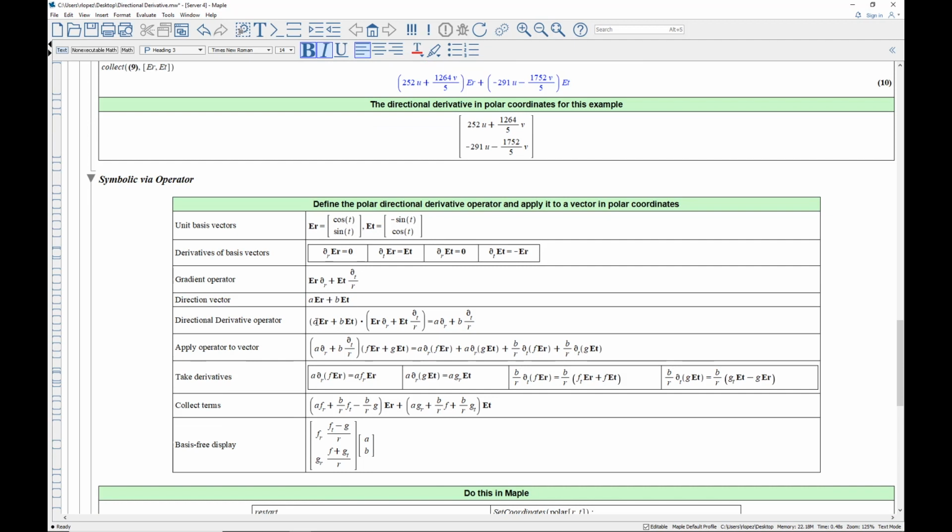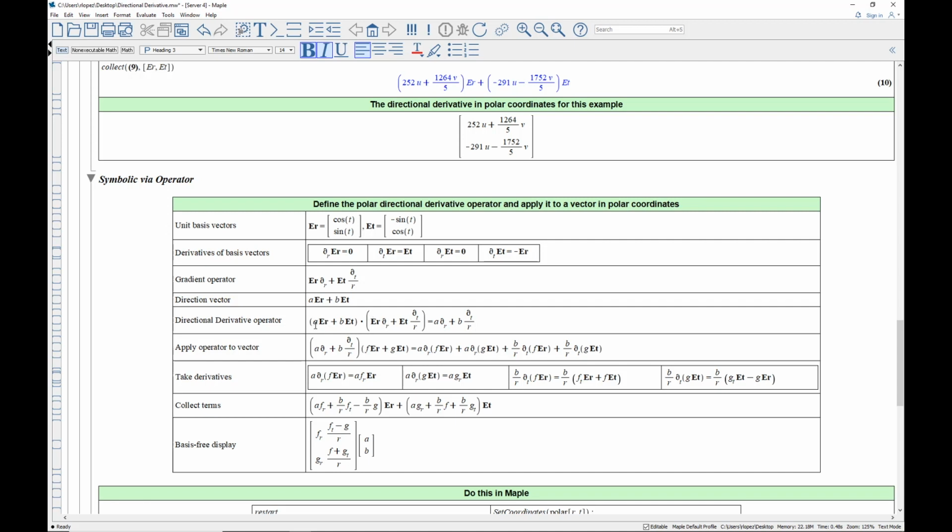Now, suppose we want to apply this operator formed by vector and derivative. What will it look like? Well, dot product, so ER dot ER will survive, and ET dot ET will survive because they're unit vectors, and ER dot ET or vice versa, they're orthogonal vectors, they won't survive.